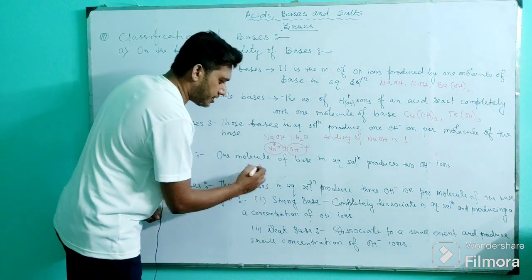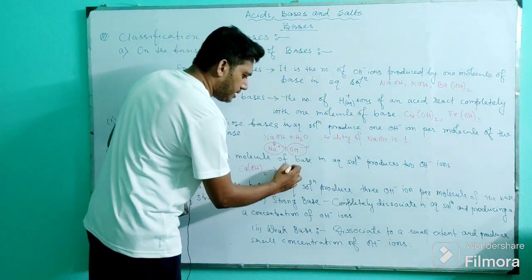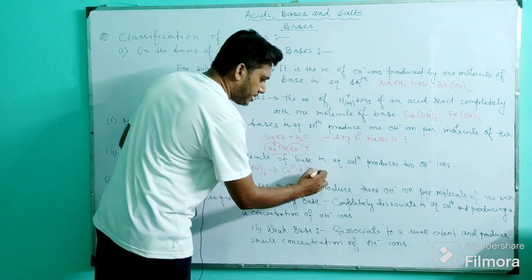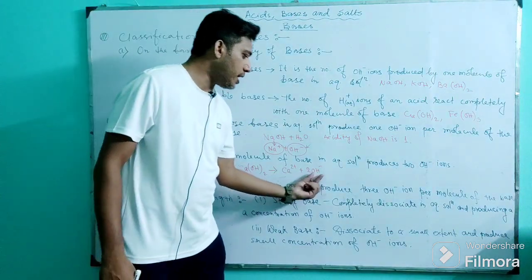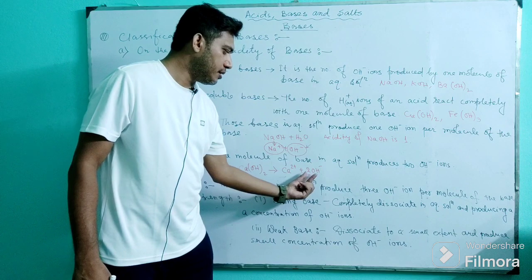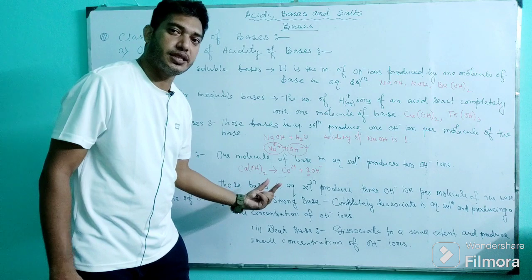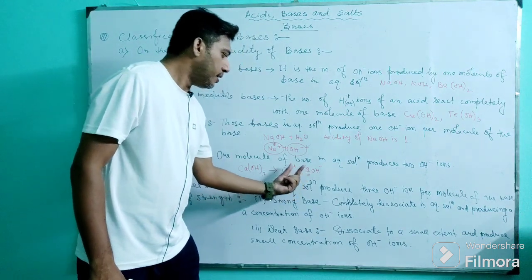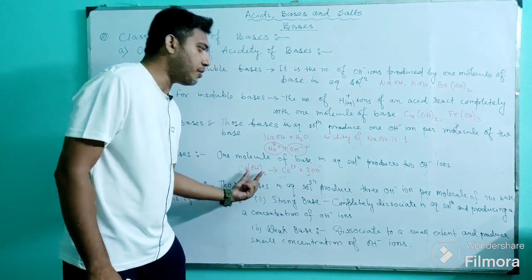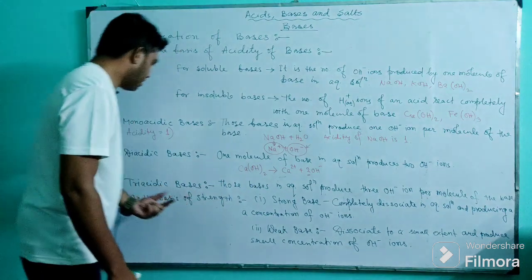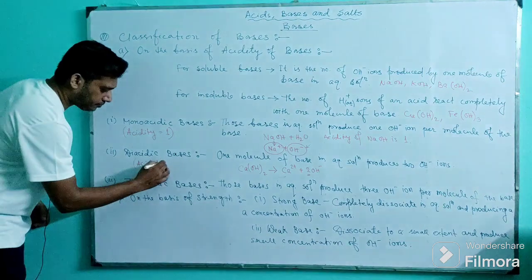If calcium hydroxide is dissolved in water, it almost completely dissolves and forms Ca2 plus and 2OH minus. Here you see, two hydroxyl ions are formed when calcium hydroxide dissociates in water. So in this case, the number of OH minus ions is 2, so the acidity of calcium hydroxide is 2. So for all diacidic bases, the acidity is 2.